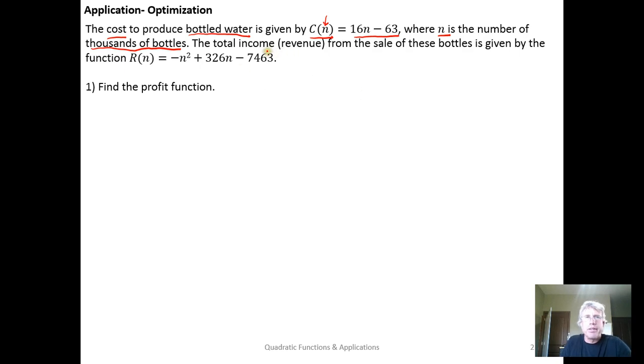And then we're told that the income or revenue from selling those bottles can be modeled by the revenue function, negative n squared plus 326n minus 7,463.